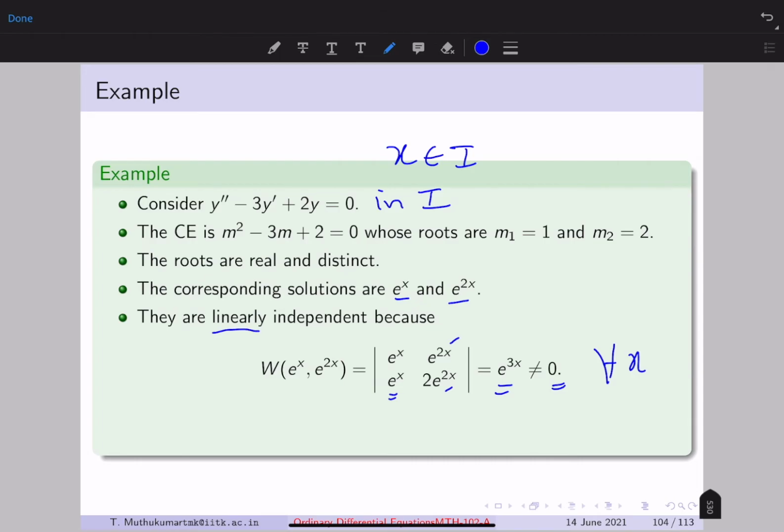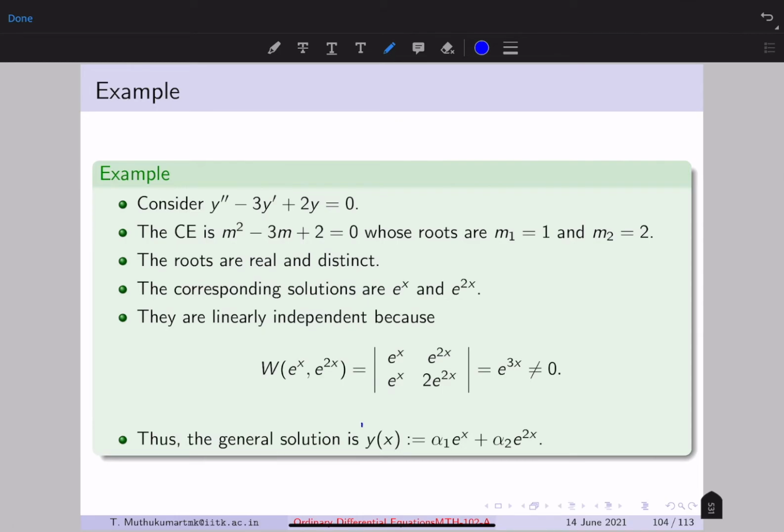So they are linearly independent, which means the solution of the second order ODE is a linear combination of these two functions: alpha 1 times e power x plus alpha 2 times e power 2x, for every choice of real numbers alpha 1 and alpha 2. So the number of solutions is infinite, but the solution space is of dimension 2.